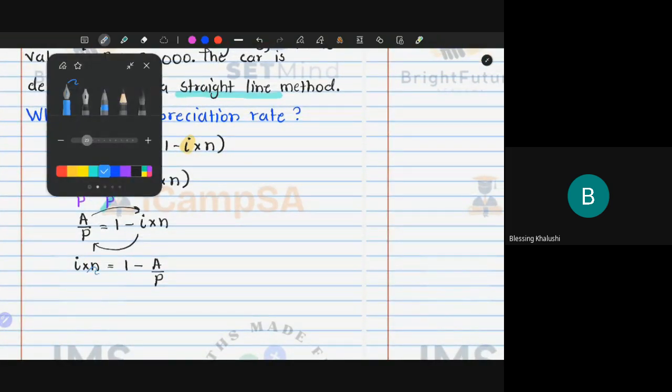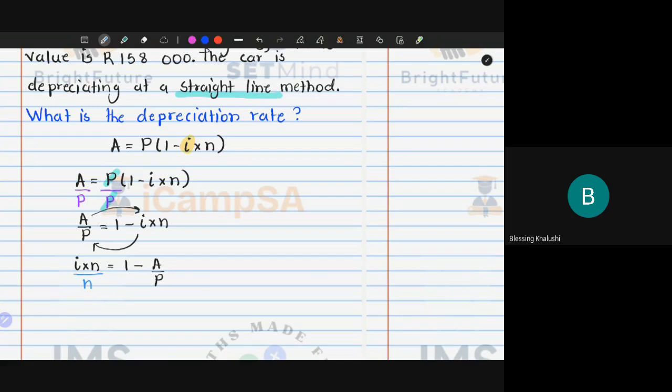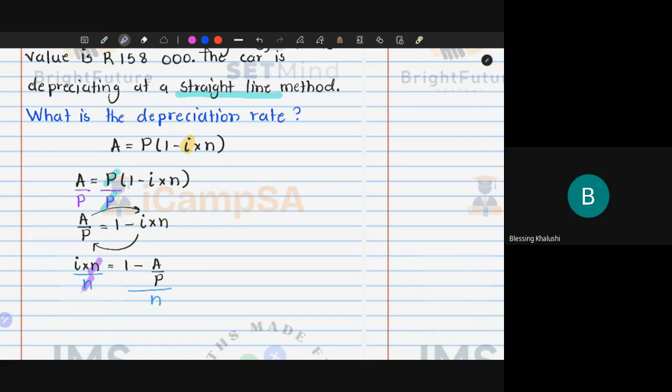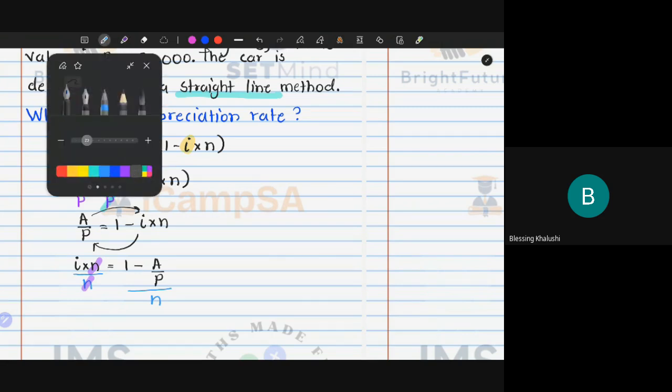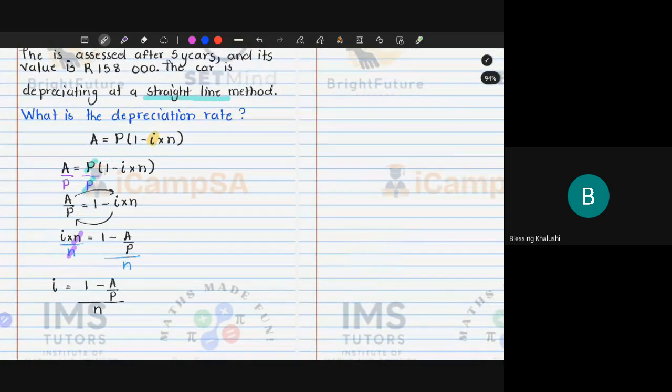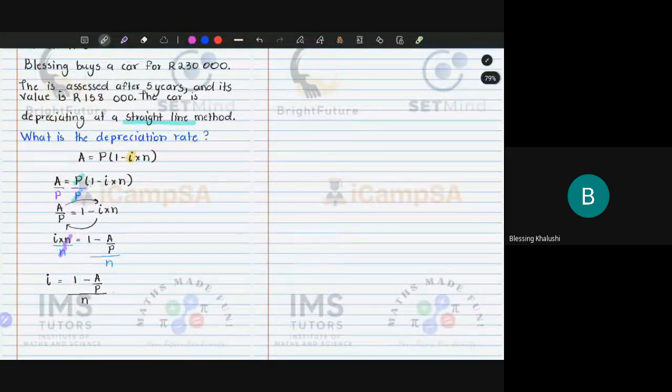I'm looking for i, so I should divide by n on both sides, so this and that cancel, such that the formula for i will always be 1 minus A divided by P, and all of this is divided by n. So I can now plug in my values and obtain the depreciation rate.